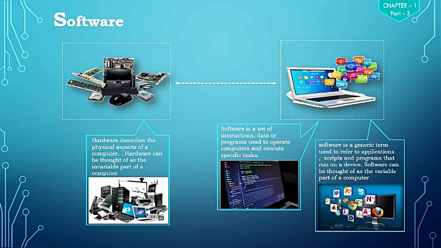So whatever application we are using on the mobile phone or on the computer to perform our tasks are all software. Some examples of software include operating systems like Ubuntu or Windows 7, 10, word processing tools like LibreOffice Writer or Microsoft Word, video players like VLC player, photo editors like Paint and LibreOffice Draw, etc. The data or image stored on the hard disk or the pen drive is referred to as a soft copy. Once printed, the document or image is called the hard copy.